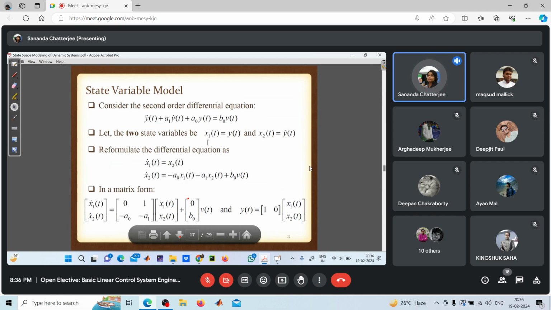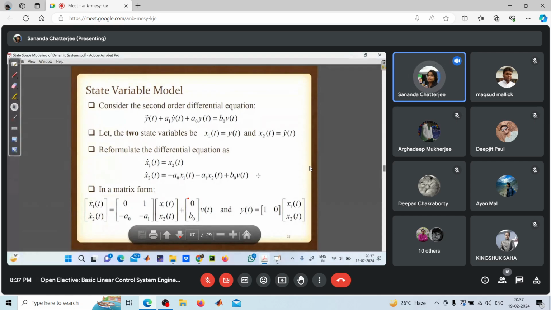So I chose the output as a state and the derivative of the output as another state. For an nth order system, you always have this choice, that you take y(t) as one state, y dot(t) another, y double dot(t) another state, like that, y to the n minus 1 as your nth state. So that is one choice, you can go for that.